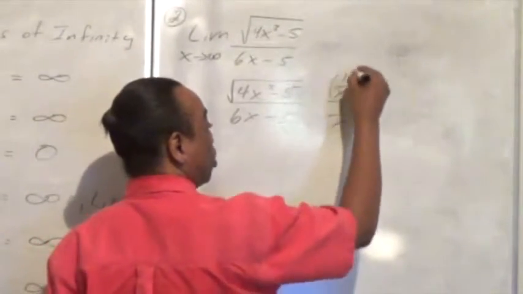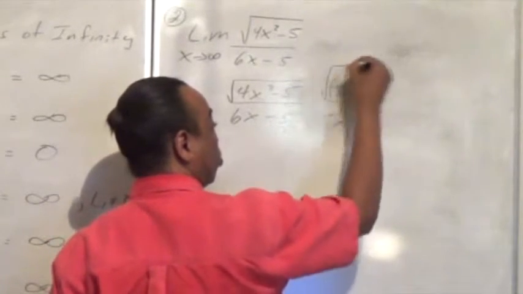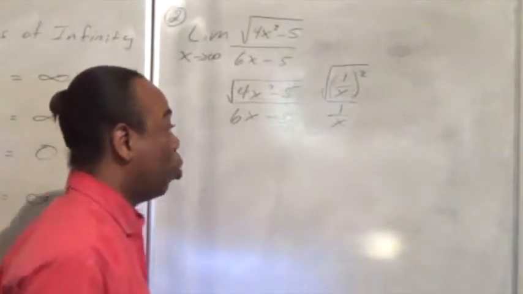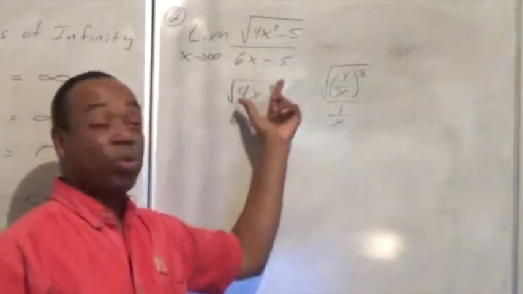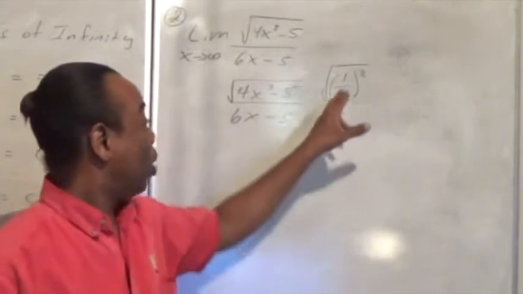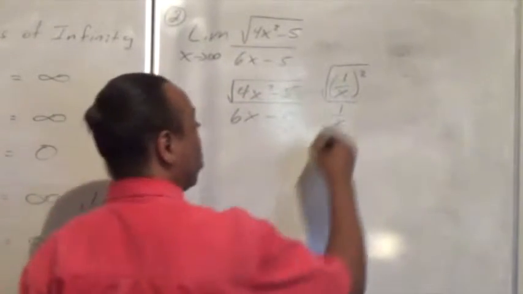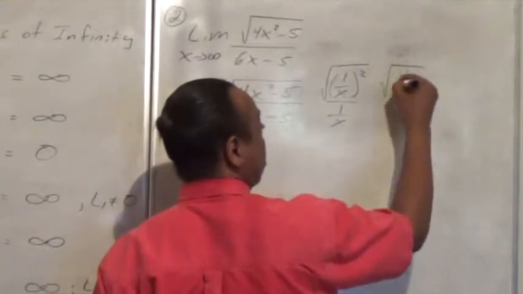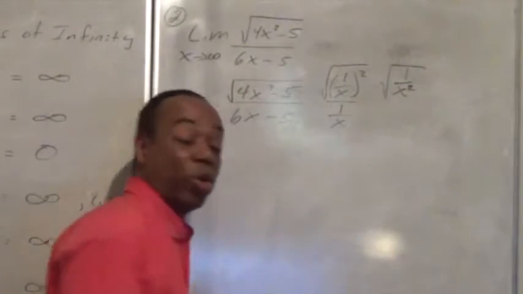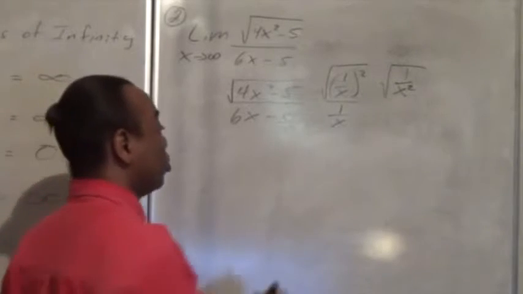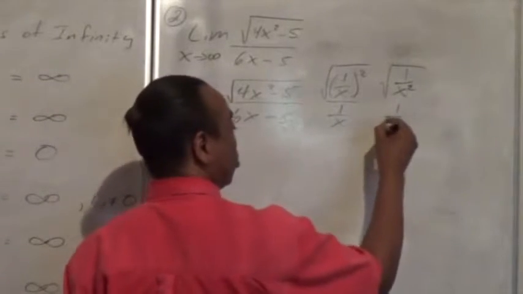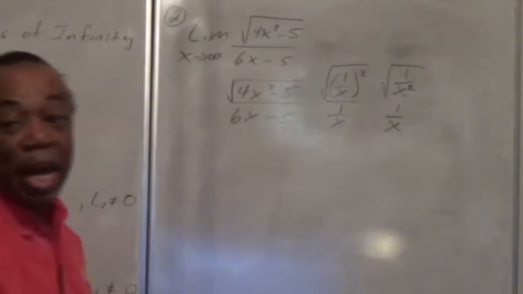So let's square the inside and put a root. What this creates is another root so they can combine. I can simplify the inside here, and what I'm really multiplying by is 1 over x squared. Okay, now let's distribute these.